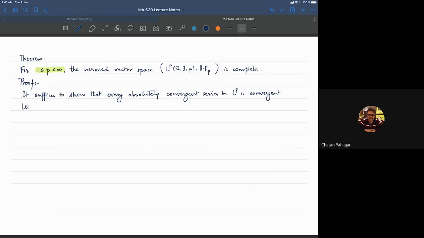So let f_k, k from 1 to infinity, be a sequence in L^p such that the sum over k from 1 to infinity of the p-norm of f_k is finite, i.e., the series sum of f_k is absolutely convergent.